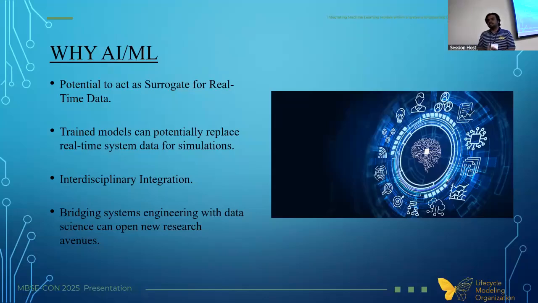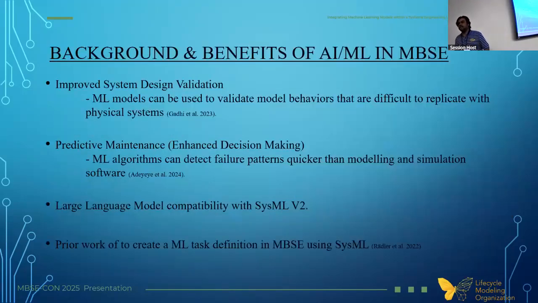The idea was pretty cool. I remember thinking about that and wanting to see how I could achieve it. Being in a lab all day actually gives you time to think about different things. Opening up different avenues for systems engineering, bridging it with data science, is always cool.